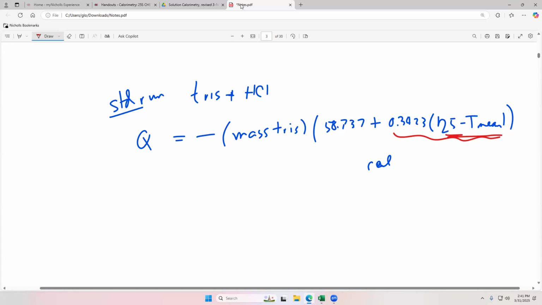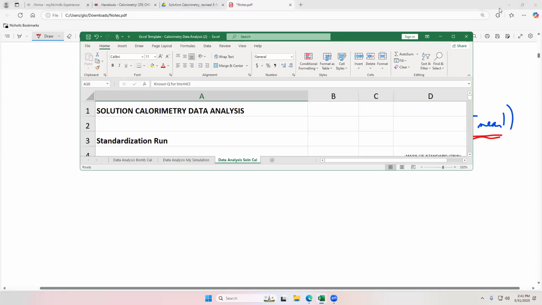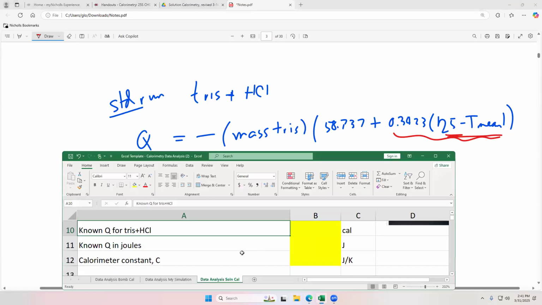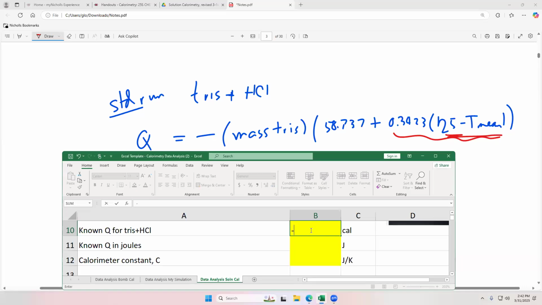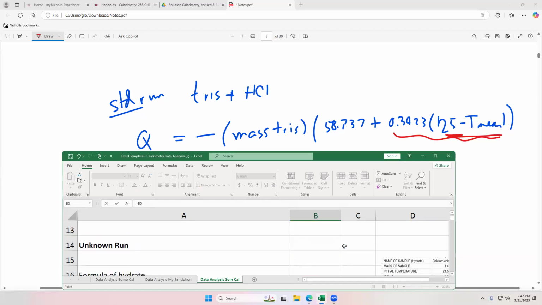So let's go ahead and enter that formula into our Excel sheet. It's a little smaller so I can copy that formula. What's our formula for Q for tris? So this is equal to minus the mass of tris, which is V5.